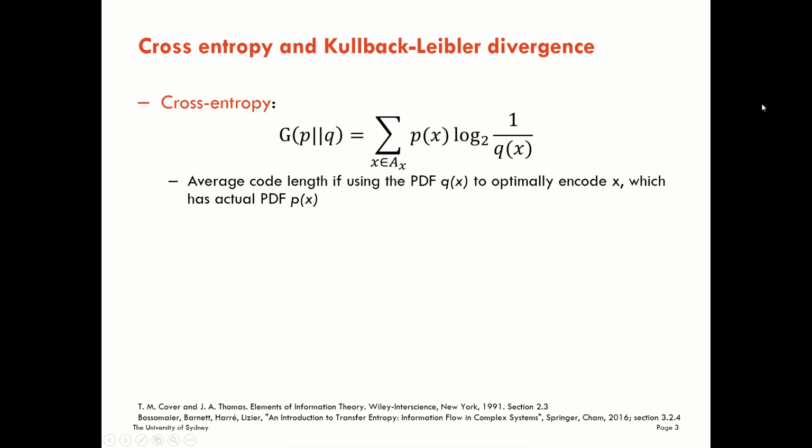The cross entropy quantifies the average code length that we would use to encode realizations of our variable x. The average code length that will be used if we use some probability distribution function q to come up with the coding for x. However, x has a different or actual PDF specified by little p.